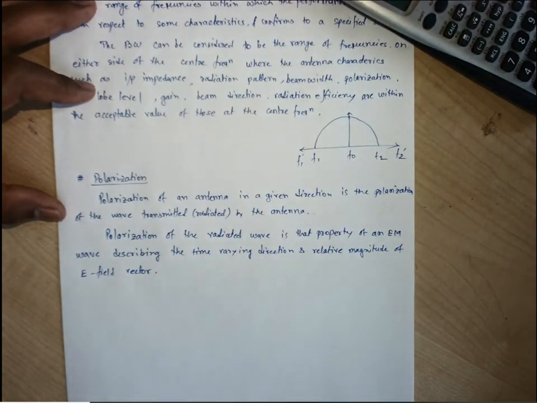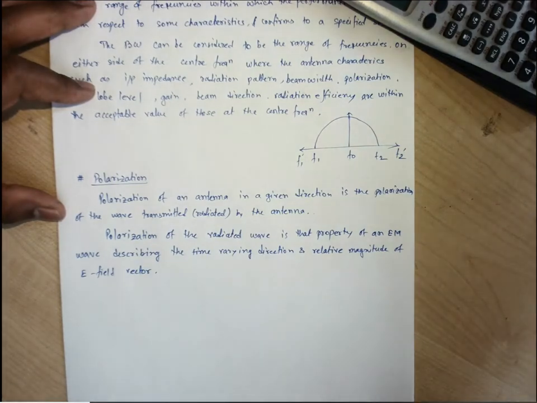The radiated EM wave is a combination of electric field and magnetic field. Especially when we talk about polarization, we are talking about the electric field vector. This electric field itself is time varying, so due to that nature, the direction itself is time varying.